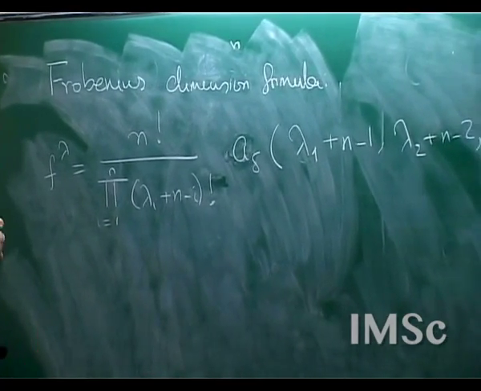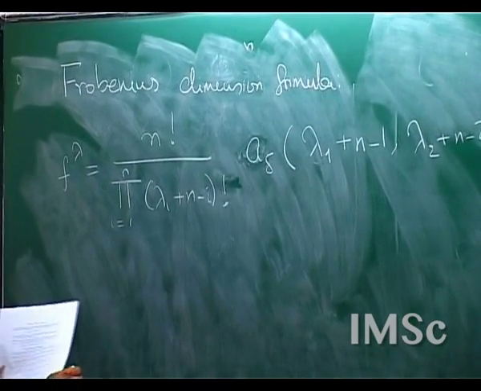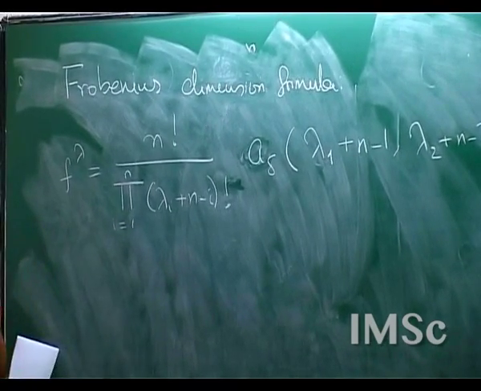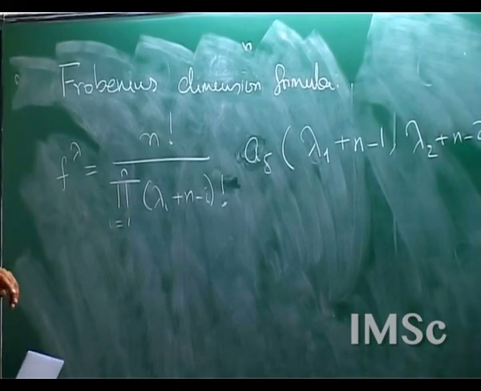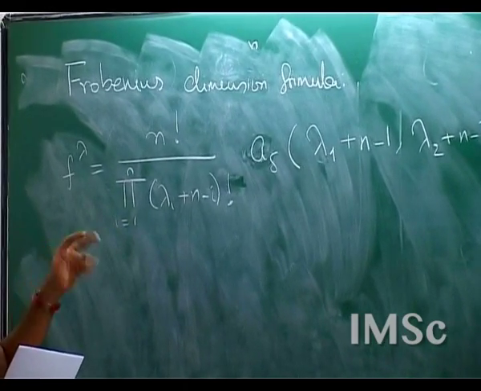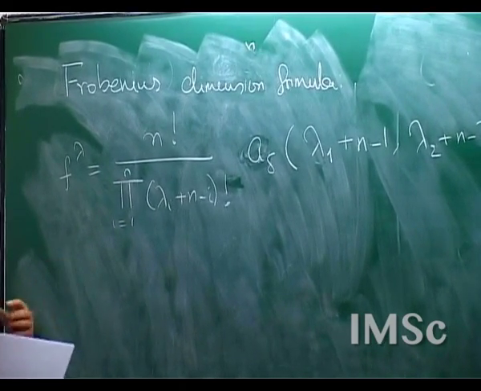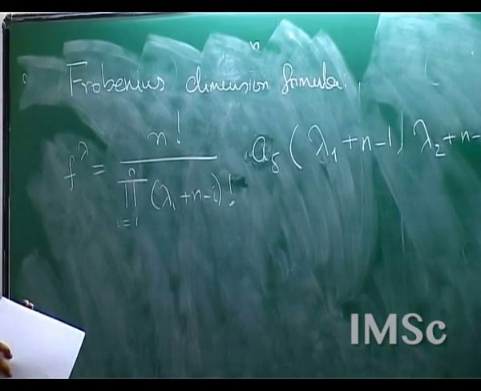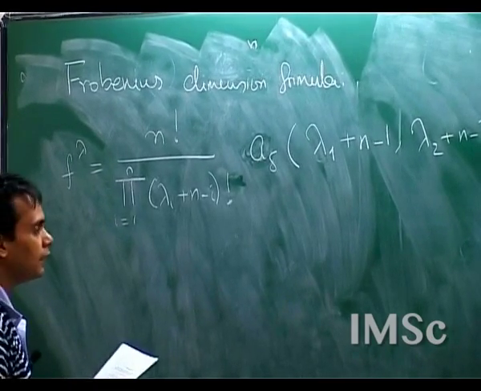So we want to deduce this from what we just wrote down, that this is actually the coefficient of the monomial x to the lambda plus delta in the product (x1 plus x2 plus ... plus xn) to the power n times A delta.